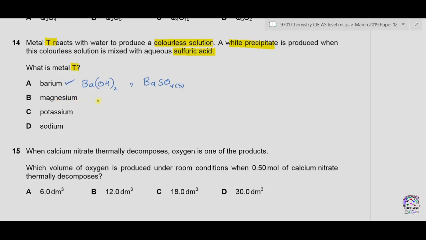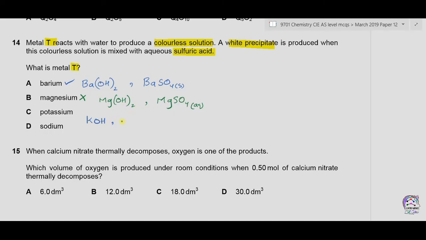B is magnesium. Magnesium reacts with water to form magnesium hydroxide. And this is not a colorless solution. And magnesium hydroxide reacts with sulfuric acid to form magnesium sulfate, which is a soluble solid. So therefore option B is incorrect. C is potassium. Potassium reacts with water to form a colorless solution of potassium hydroxide.